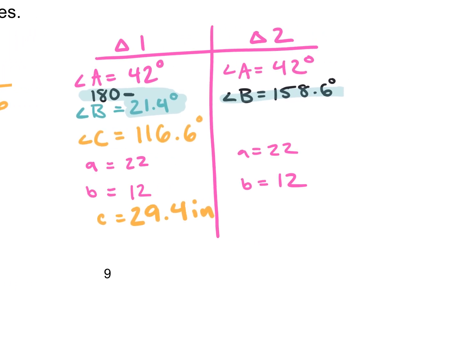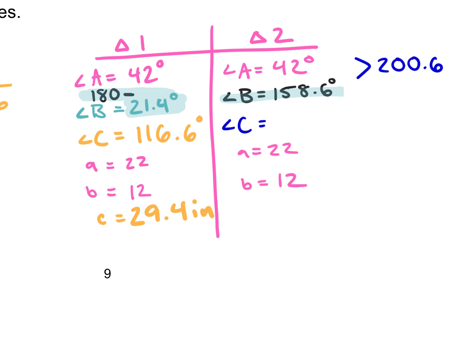Now from here, how do we find angle C, our new angle C? We add them up and subtract from 180. So I'm going to add these two up. We have 158.6 plus 42. We get 200.6.